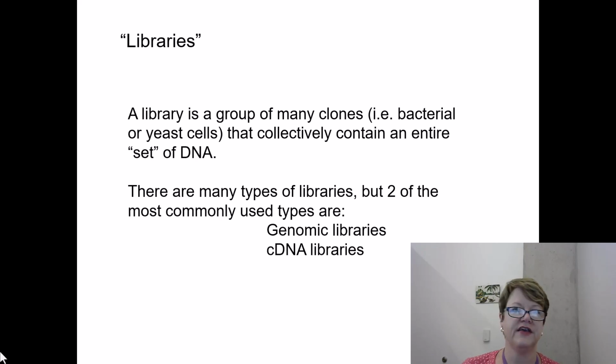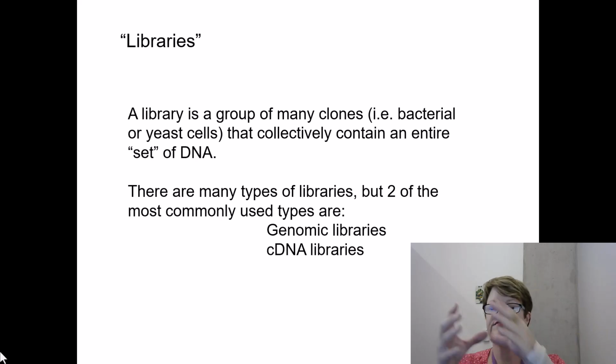Libraries have been made for virtually every organism. If you make a library starting with the whole genome of any organism, it's called a genomic library. What you do with a genomic library typically is sequence it. You can put it through one of those DNA sequencing processes.